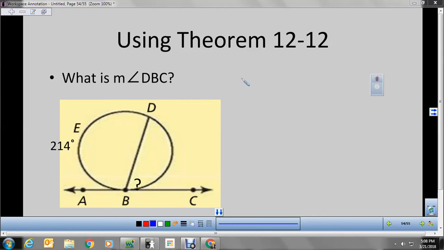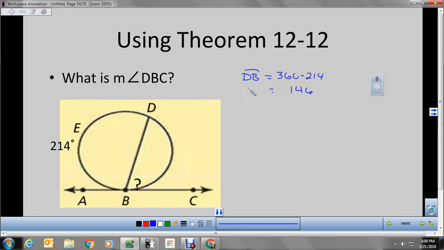circle. So we can find the measure of arc DB by taking 360 and subtracting 214. So what that gives us is 146.